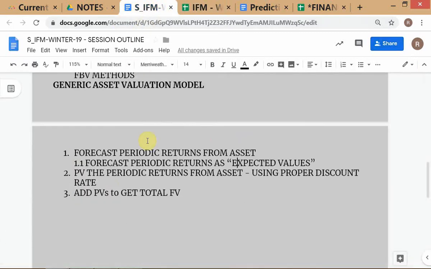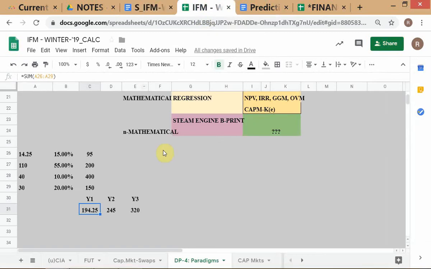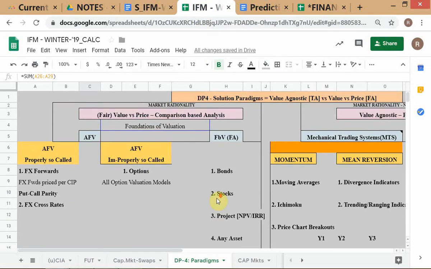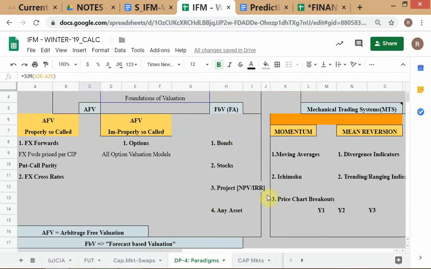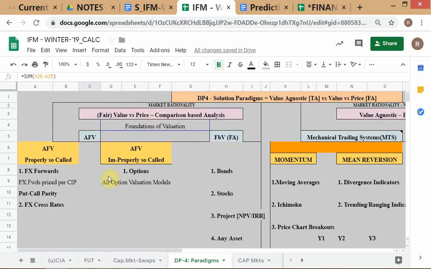Now if you can remember this generic asset valuation model as we have modified it here to forecast the returns as expected values, that's it basically. It covers all of this side of the framework, and it also covers all of this with the additional concept of the synthetic equivalent, which you have also understood.